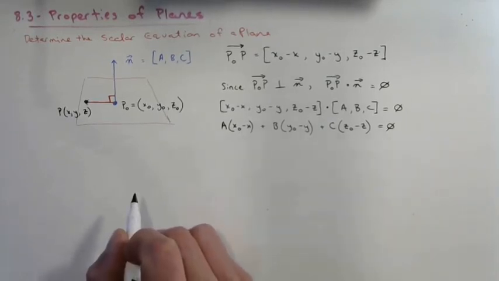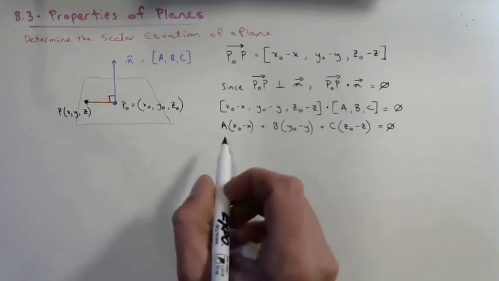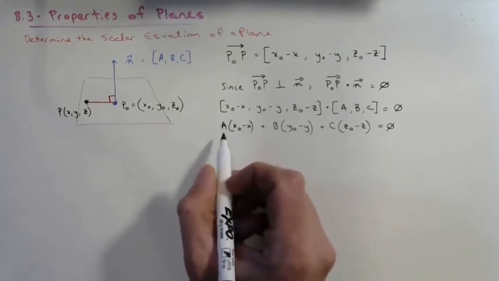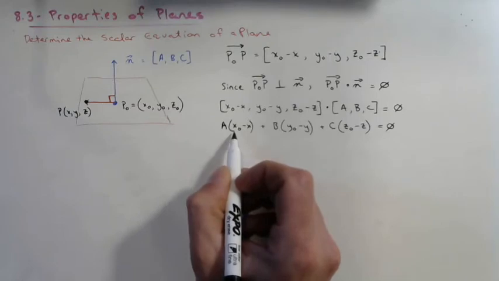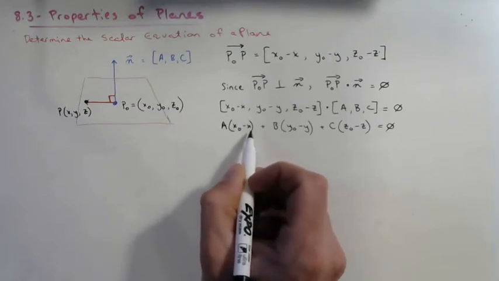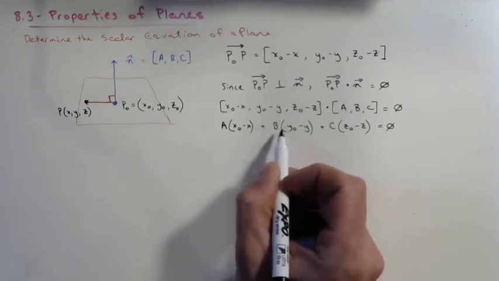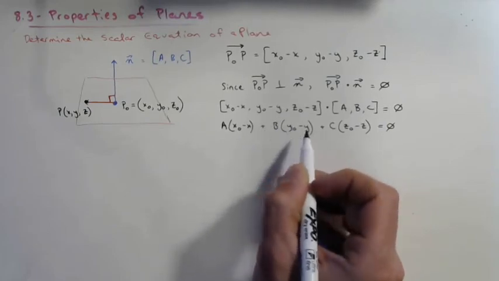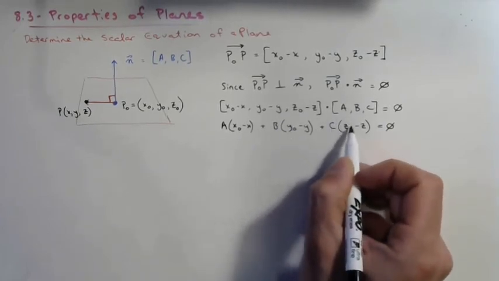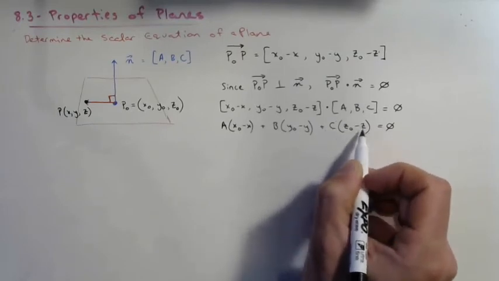And if I distribute this and reduce this, I end up with A times x naught minus A times x, and then plus B times y naught minus B times y. Then I'm going to have C times z naught minus C times z.